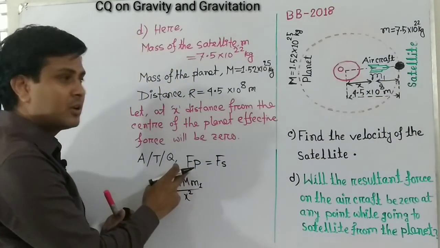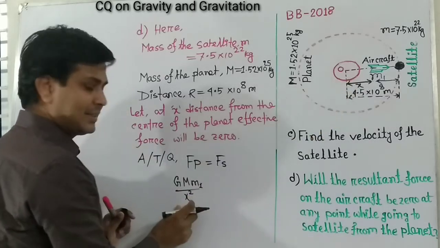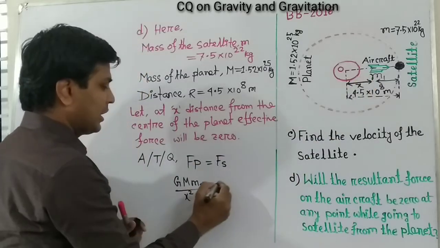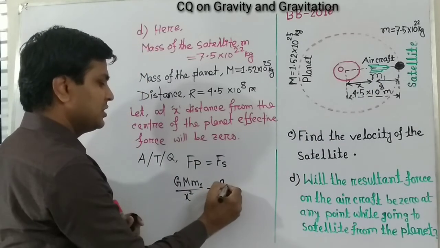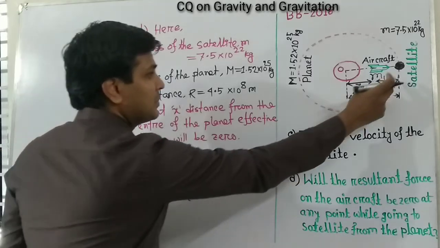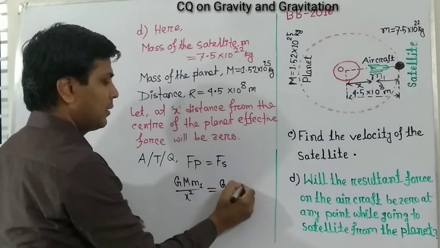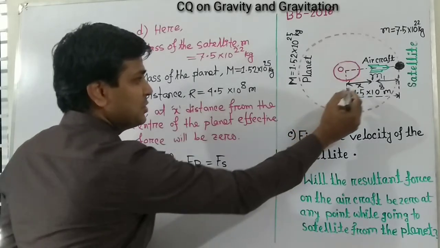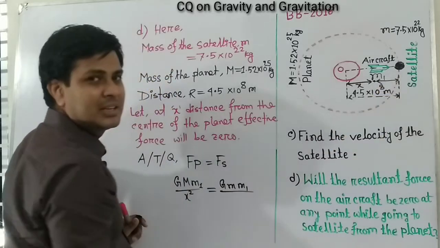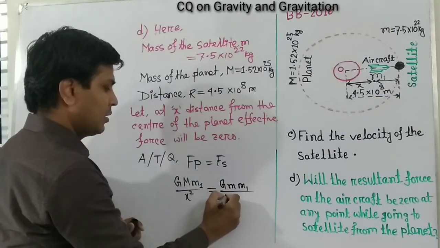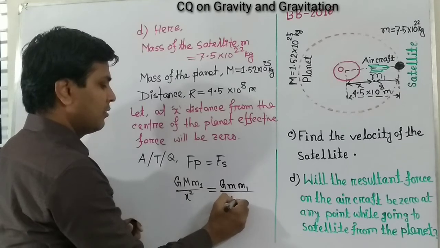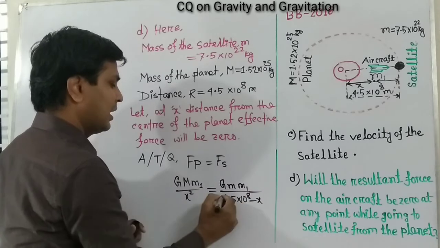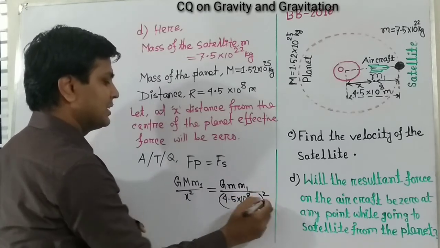So in case of the satellite we can write the gravitational force as capital G, mass of the satellite small m and mass of the aircraft M1, divided by 4.5 into 10 to the power 8 minus x, whole square.